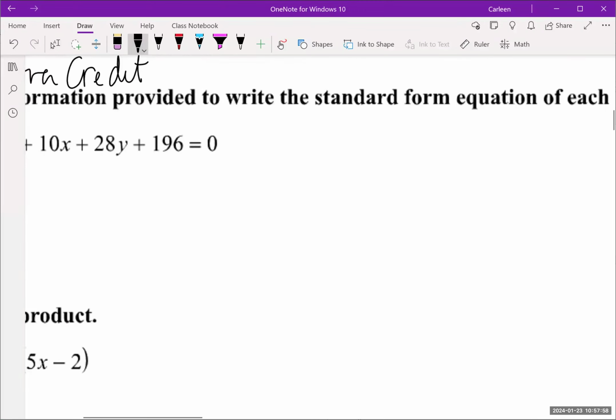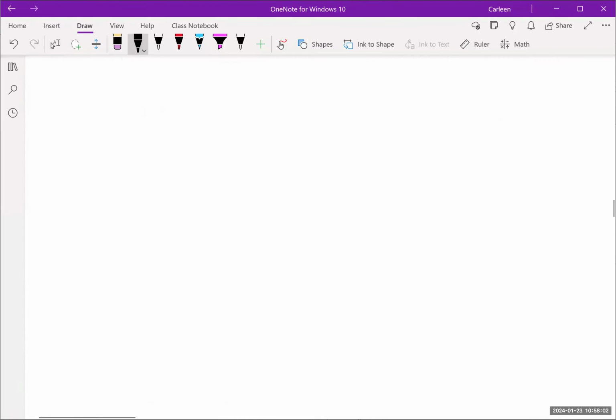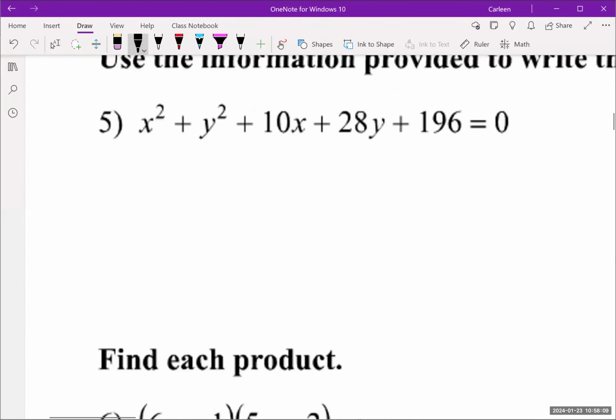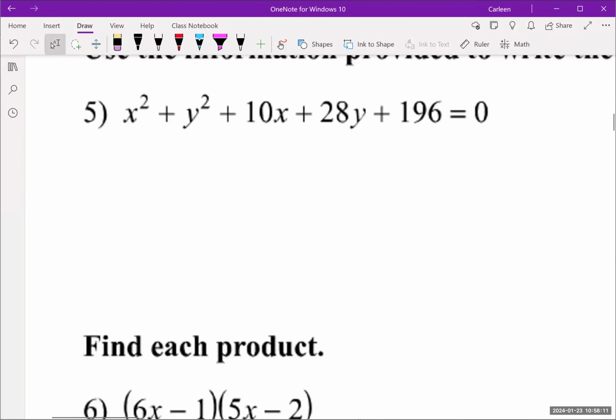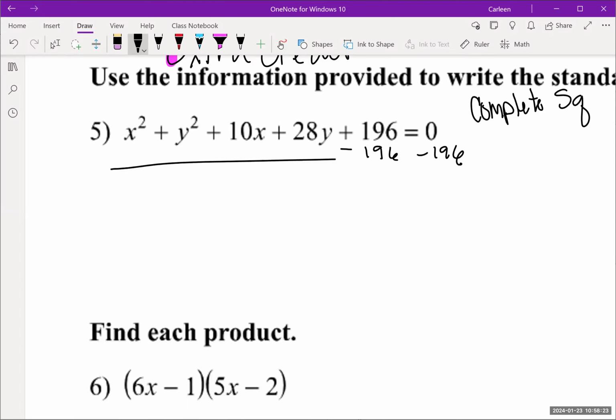Now, we're going to get this into the standard form of a circle. So what we're going to do is complete the square. I'm going to move the constant term over to the other side. Now I'm going to put them in order.